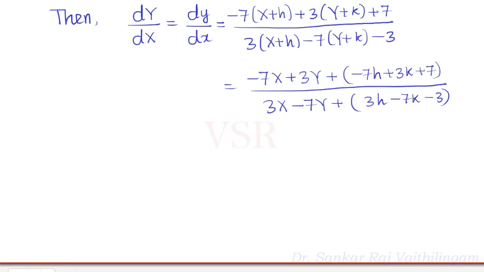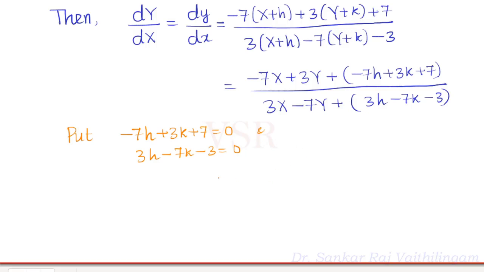So put minus 7h plus 3k plus 7 which is equal to 0 and அடுத்தது 3h minus 7k minus 3 which is equal to 0. So this is a system of equations.